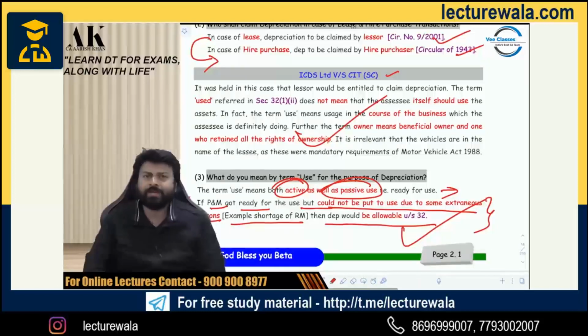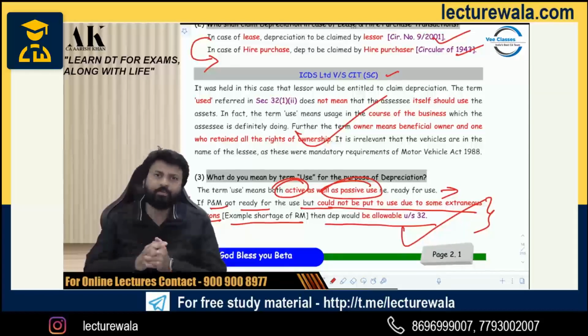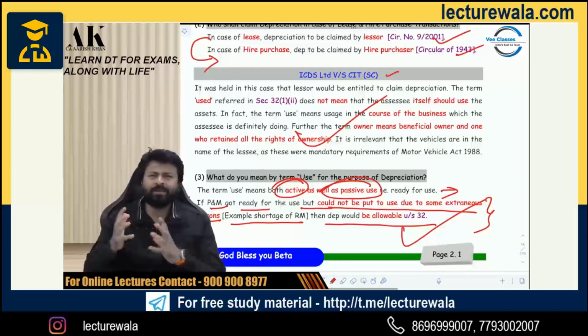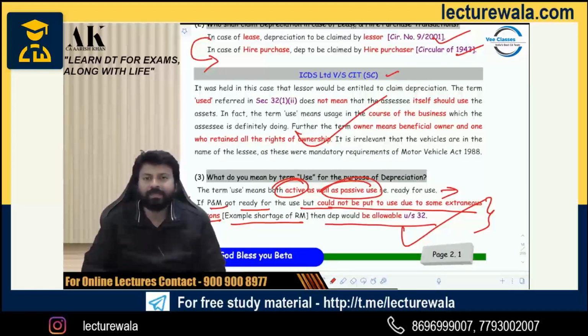Because individually calculating depreciation of each and every asset is a very tedious task. So we want to calculate depreciation on a block basis, on a group of assets taken together. So all similar assets will come together under a common block. Okay. So what are the categories? As I have told you, plant, machinery, furniture, building, and intangible assets.